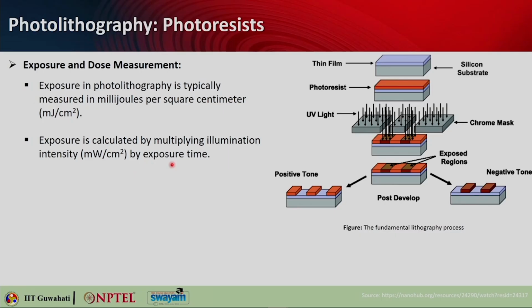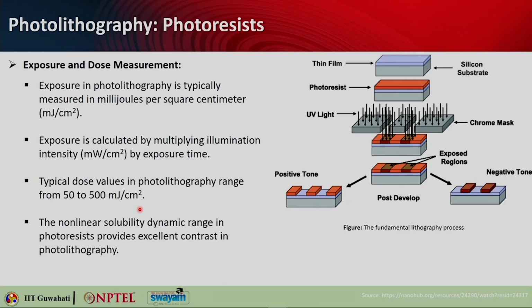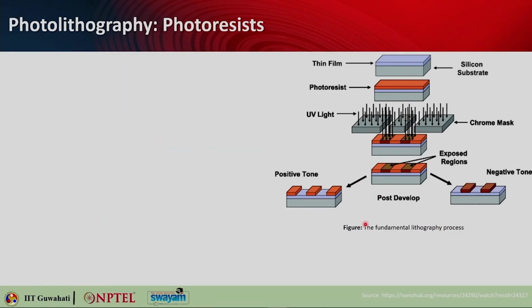That gives you the exposure, and the typical dose value for photolithography ranges from 50 to 500 millijoule per centimeter square. So, that is the range of exposure needed for photolithography applications. And the nonlinear solubility dynamic range in photoresist provides excellent contrast in photolithography, as you can see here.